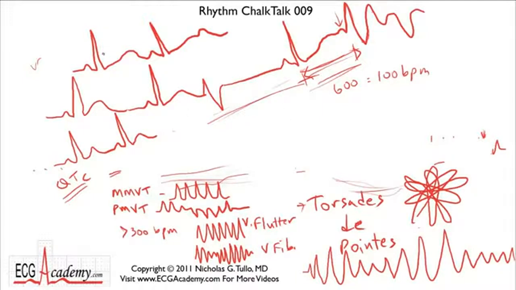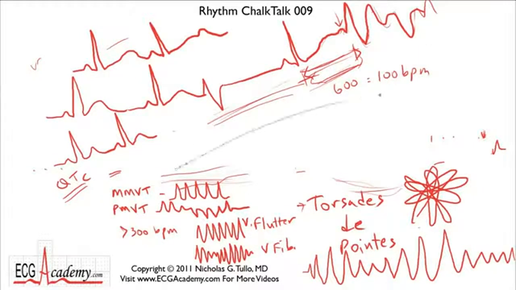So you've got the long QT, you've got the pause dependence, you've got the bizarre T wave after a pause, and the first beat of tachycardia is widely coupled and arises from the TU complex, and of course it's polymorphic at rates usually in the range of 150 to 200, sometimes 220 beats per minute.